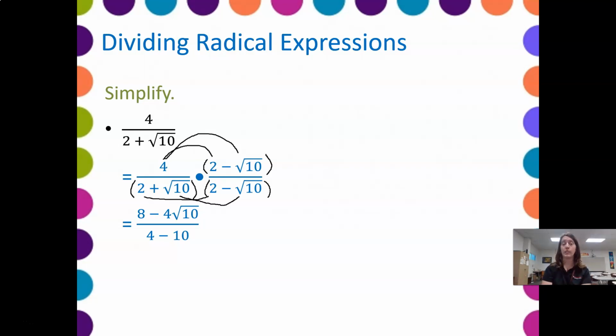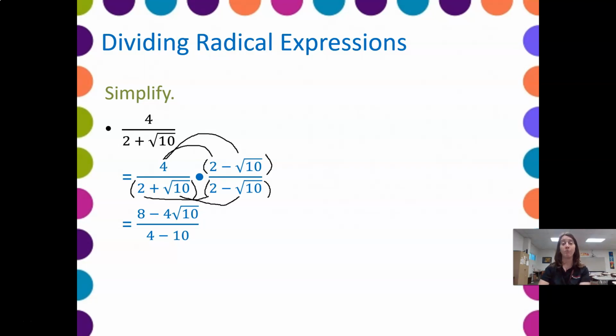What is square root 10 times square root 10? Well, technically, it's square root 100 from 10 times 10. And what is the square root of 100? It's just the number 10. There's our little shortcut again. A square root times itself is really squaring. So square root 10 squared, the square cancels the square root, and I'm just left with the number 10.